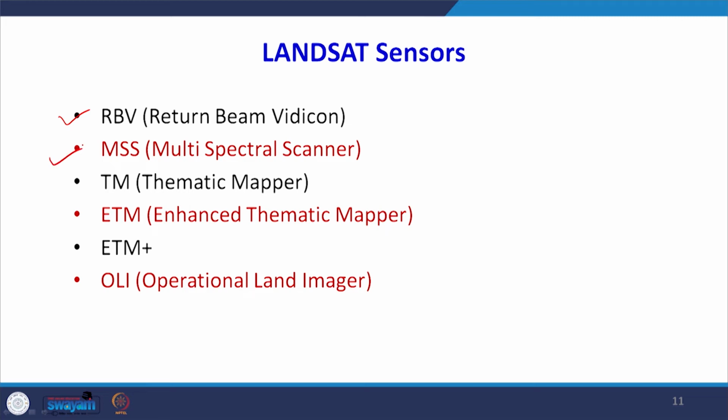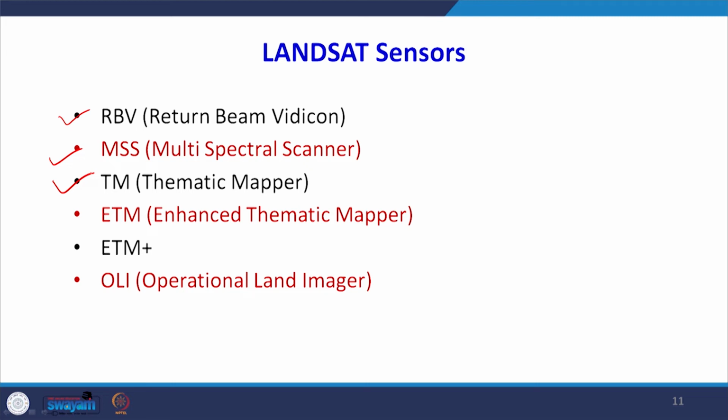Then the MSS is a multispectral scanner, which provides data in 4 spectral wavelength regions, and then the thematic mapper operated in more than 7 spectral wavelength regions.